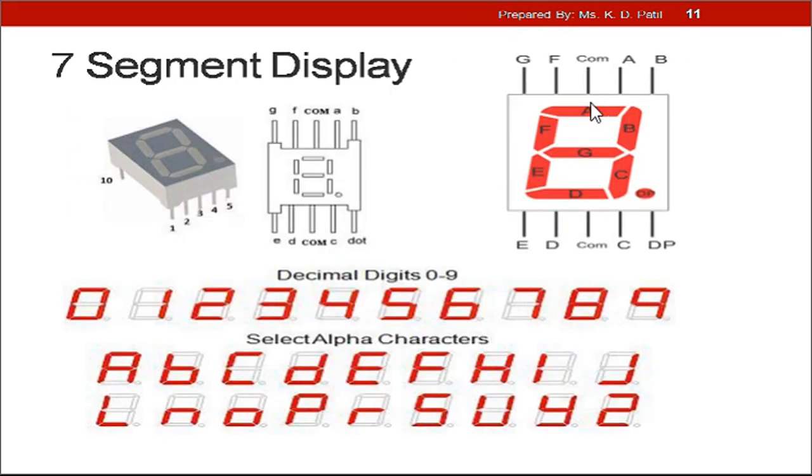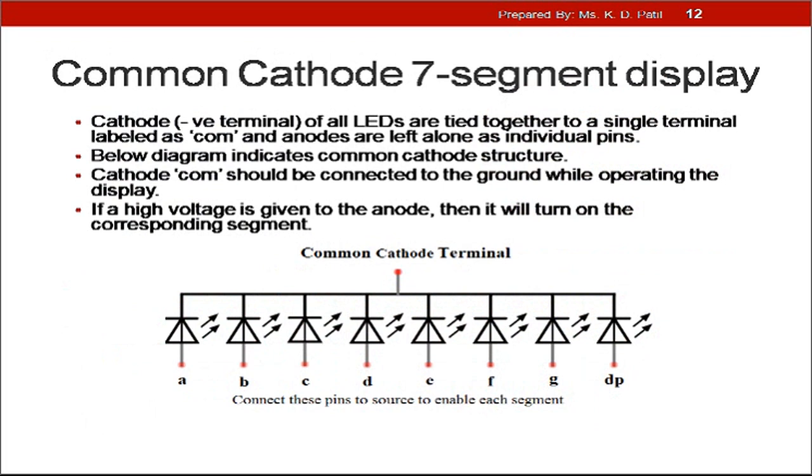Now if you want to display 0, except for the G segment, all the other segments should glow.